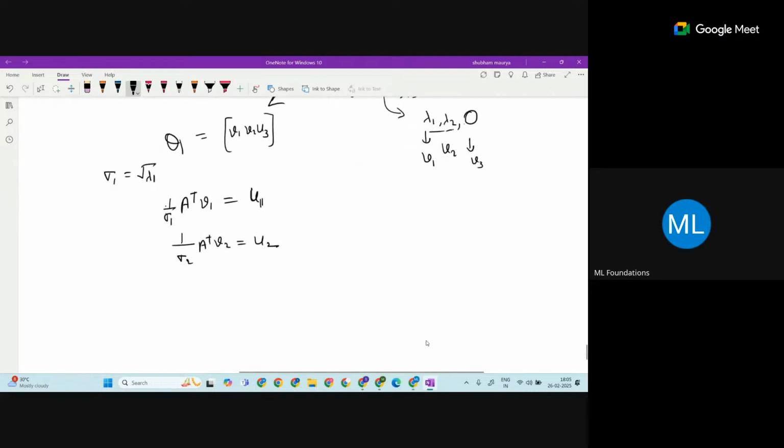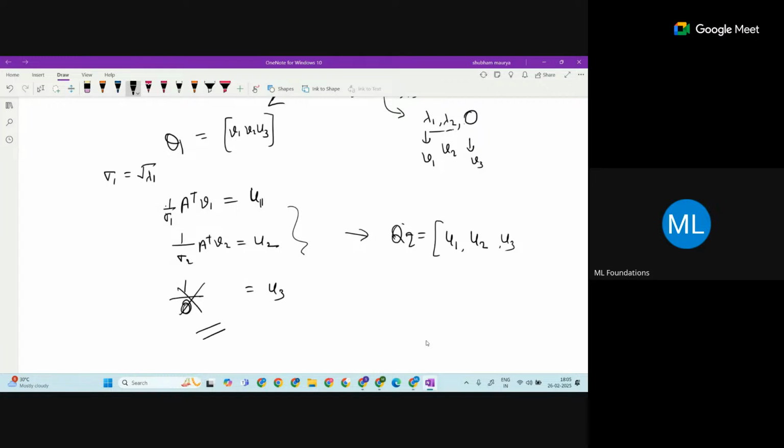But what about the third one? If I do the third one, I will get 0 because one eigenvalue is 0 here, so I am not able to find u3. This u1, u2 we use to find Q2. Q2 is going to be u1, u2, but u3 we are not able to find by this method.